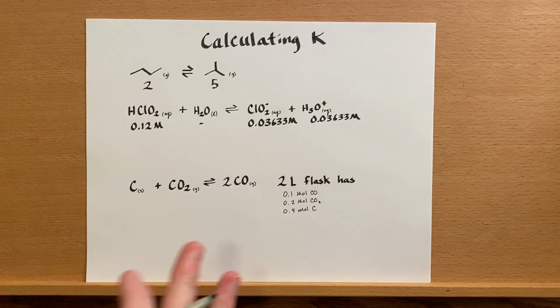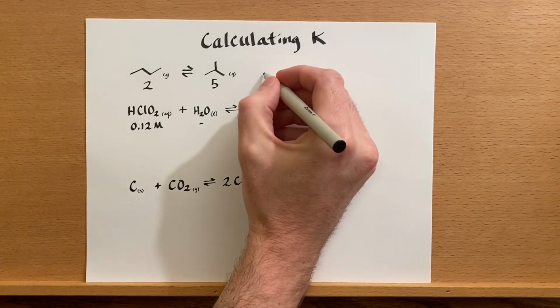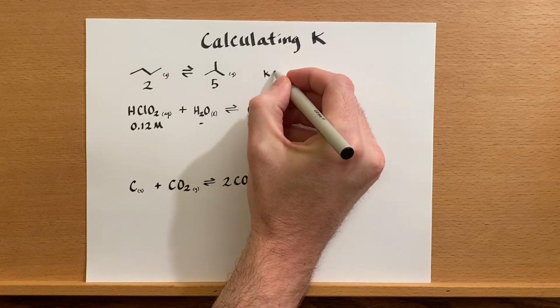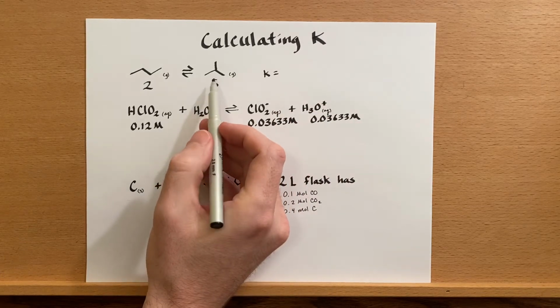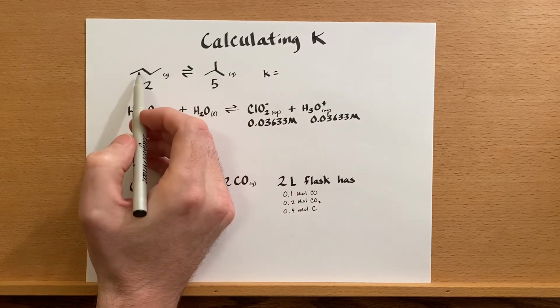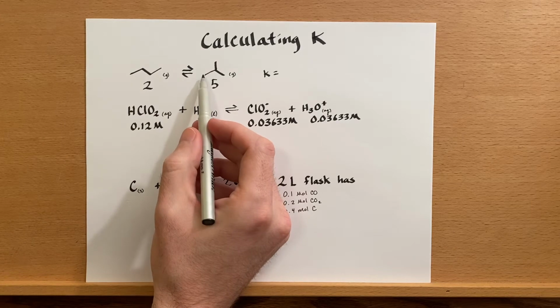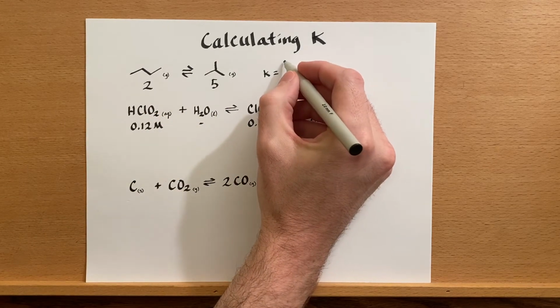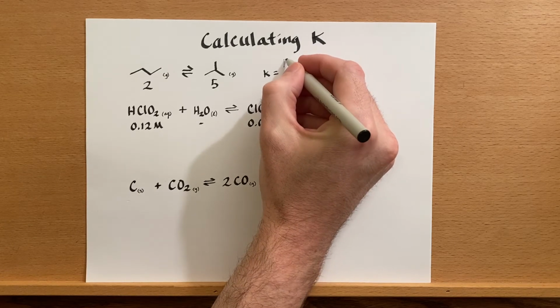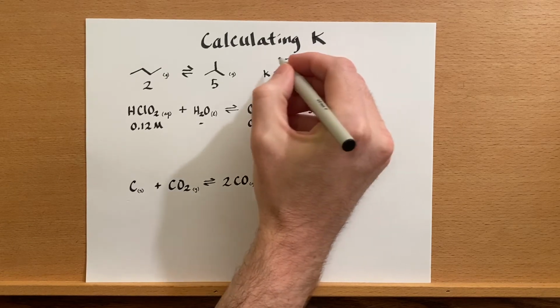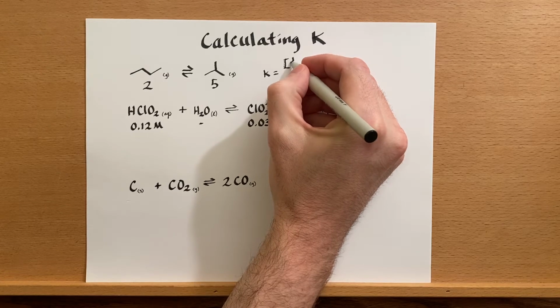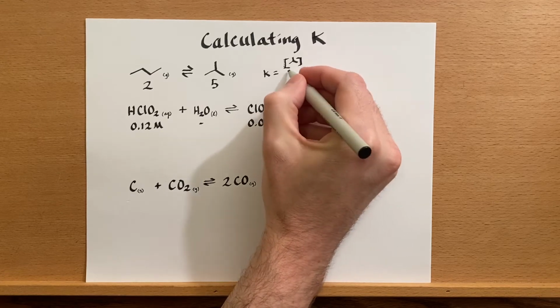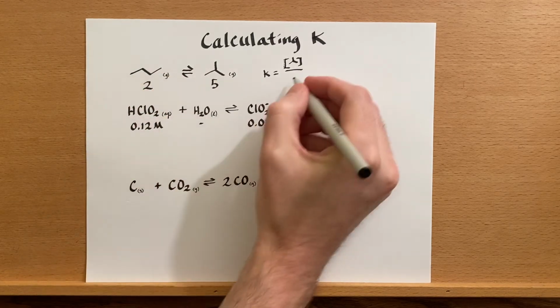So, first we'll write the equilibrium constant expression, K, and that's equal to, remember, products over reactants raised to the stoichiometric factors. Well, there's a 1 here and there's a 1 there. So it is simply the concentration of isobutane divided by the concentration of butane.